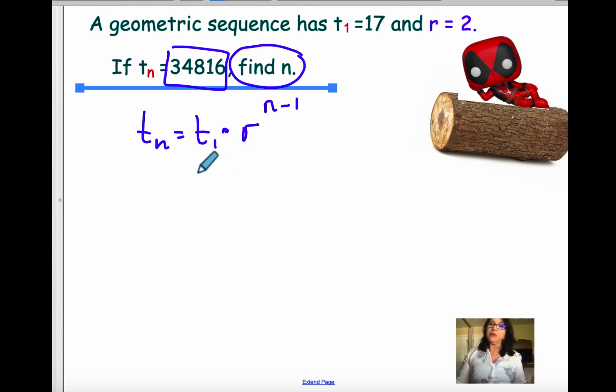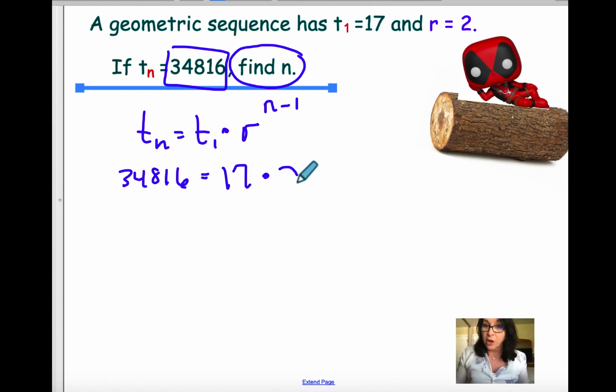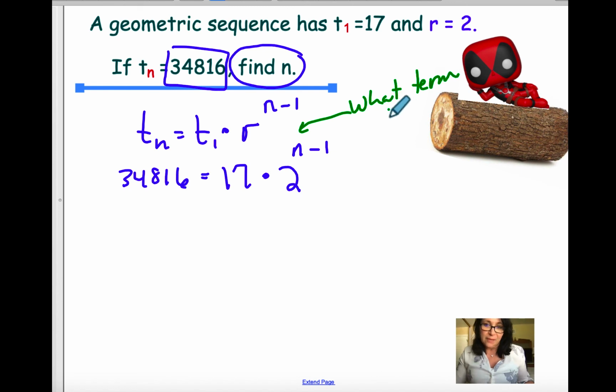Let's plug in the information that we actually know. We know that t of n is this, so 34,816 is equal to my first term, which they did give me, which is 17, times my common ratio, which they also gave me. But they didn't give me n, because I'm trying to solve for what term it is.